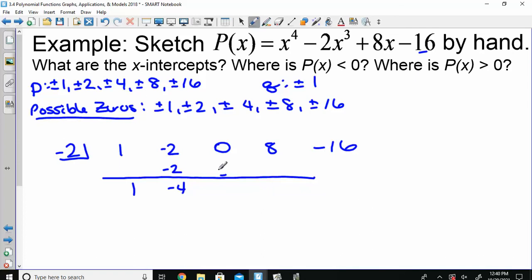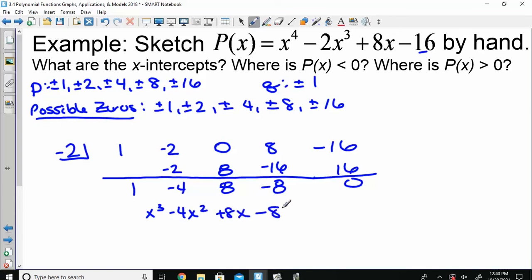Okay, so then multiply those to get 8, adds to 8, multiplies to -16, that's a -8, 16 is 0. So at this point I have x cubed minus 4x squared plus 8x minus 8. Is that good enough? So I need another 0. What else works? 2.